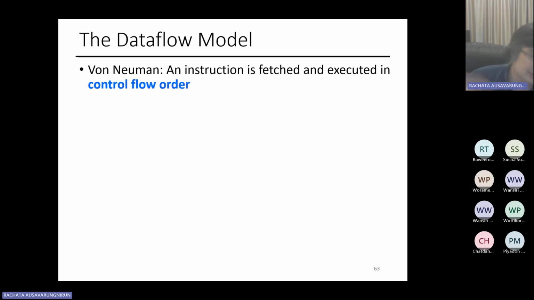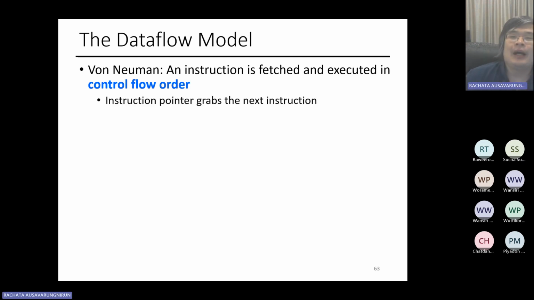The alternative that was really, really dominant in academia for a while was the data flow model. The data flow model does not do this in a control flow order. What does it mean? I would get the next instruction, whatever is available next.